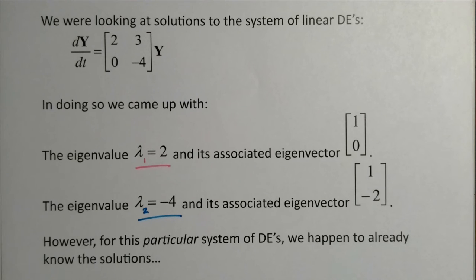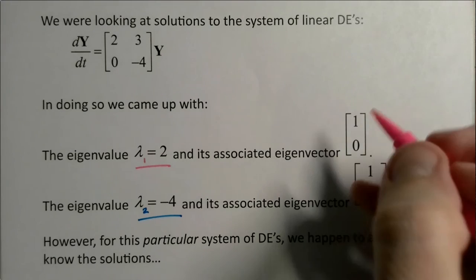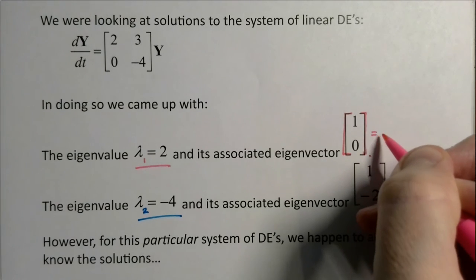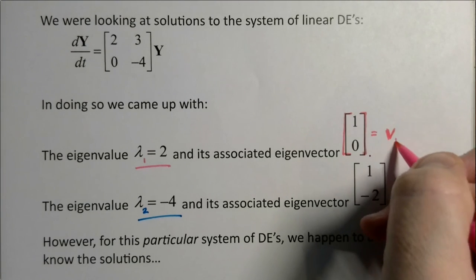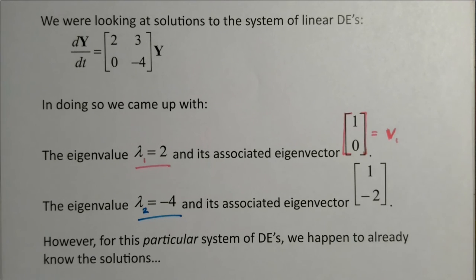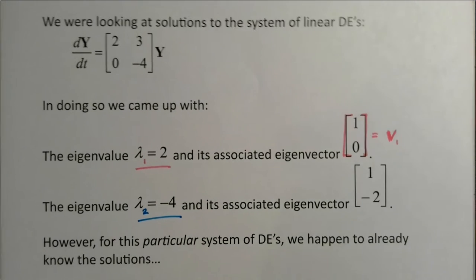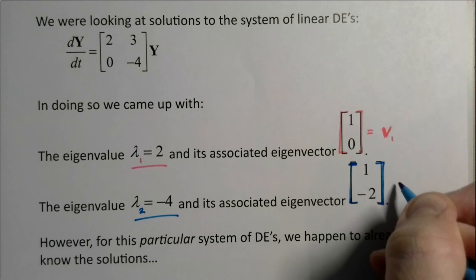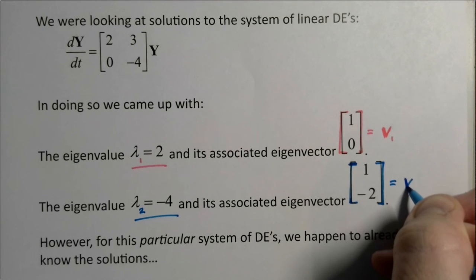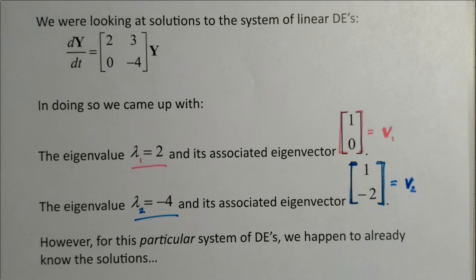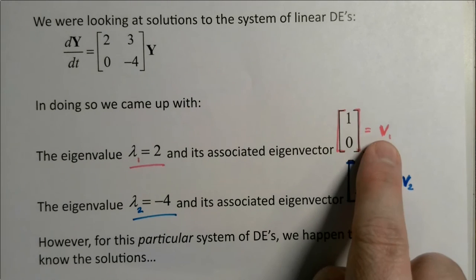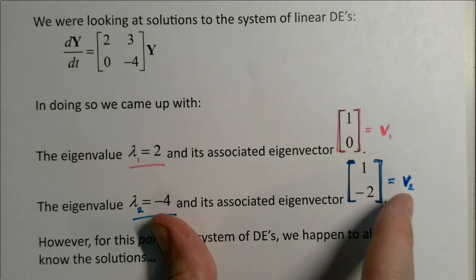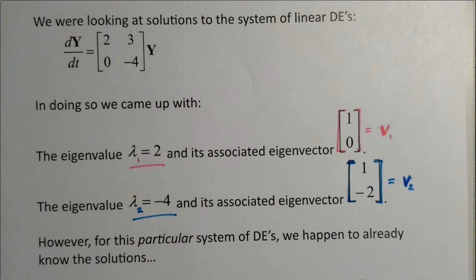Lambda 1 was associated with this vector right here, and we called that eigenvector number 1. And lambda 2 was associated with this vector right here, and we call that eigenvector 2. So eigenvalue, eigenvector. They're a matched pair.